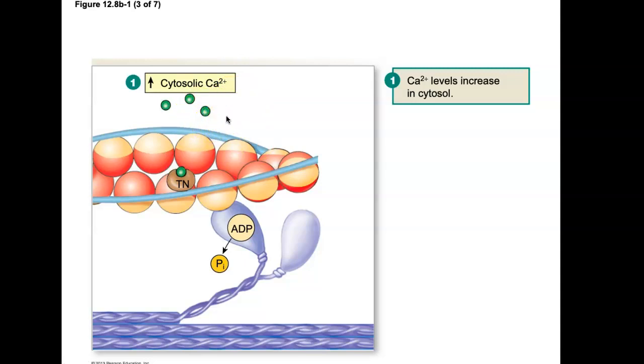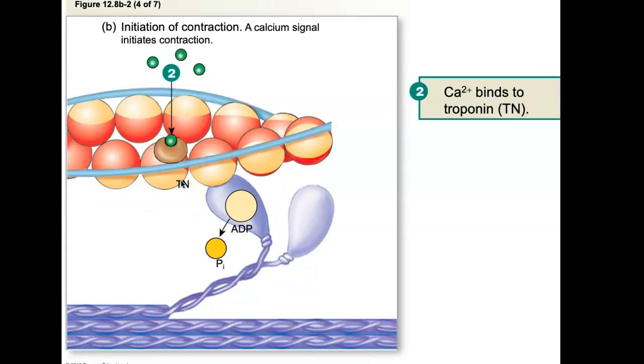And the step that's going to happen then is that calcium is going to attach onto troponin. But let's take it one step at a time. The first one is calcium arrives. 2, the calcium binds to the troponin. So there you see the little ball onto the troponin.